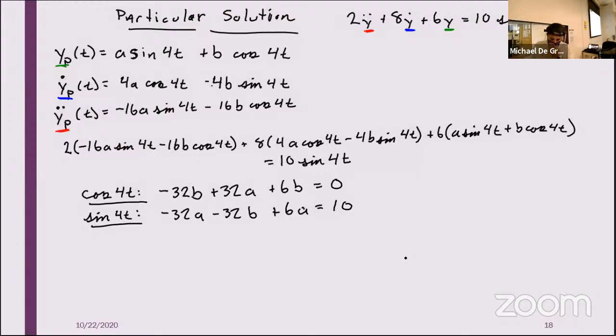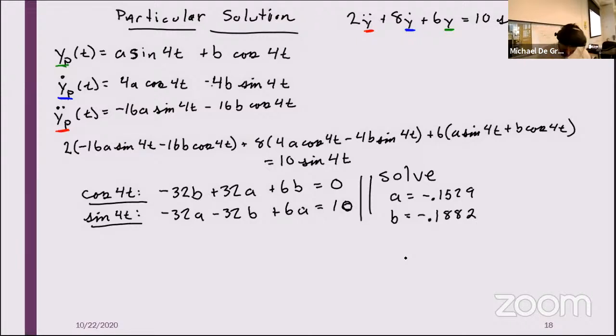Okay. I'm going to take these two equations and solve them simultaneously for A and B. And this is what I will get.